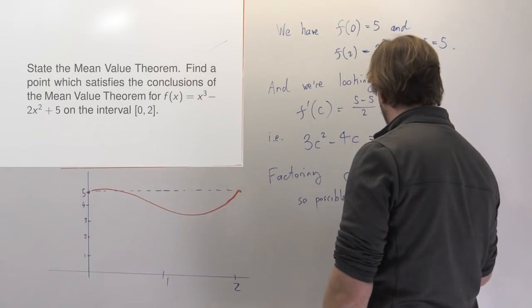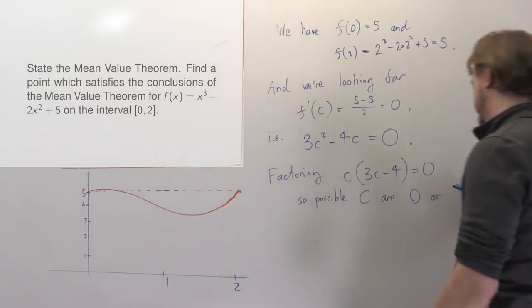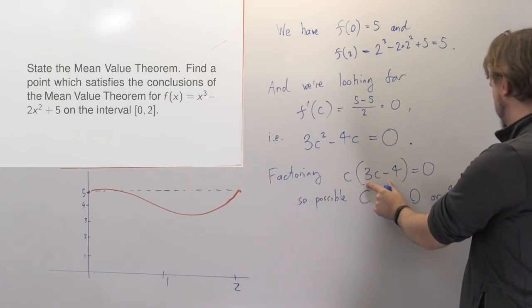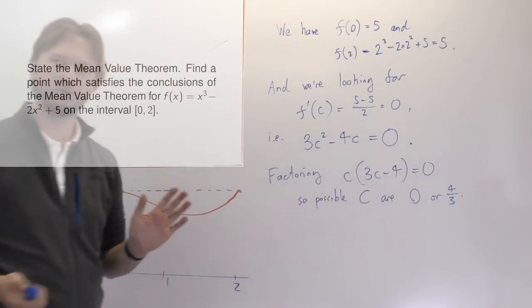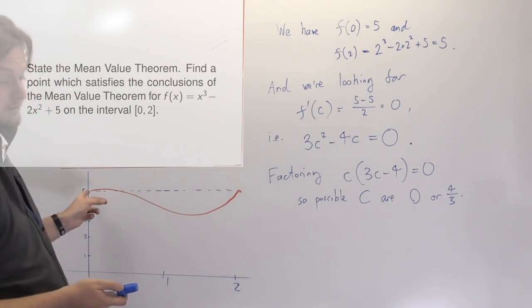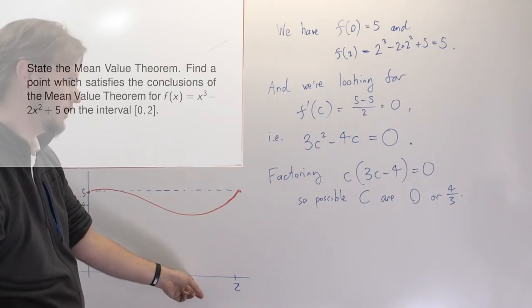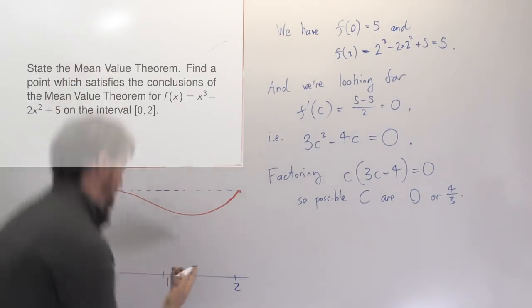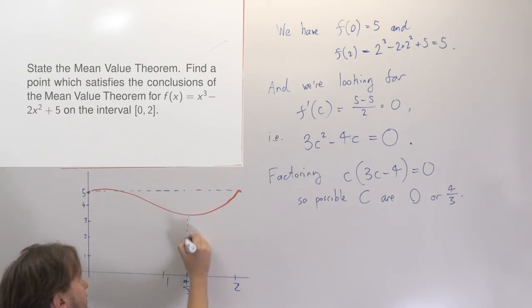So possible c are either 0 or 4 over 3. So far we've found that there are 2 turning points to this cubic. One is over here at 5, and one of them is over here at 4/3, so 1.33333, so around about here. That's where that turning point is.